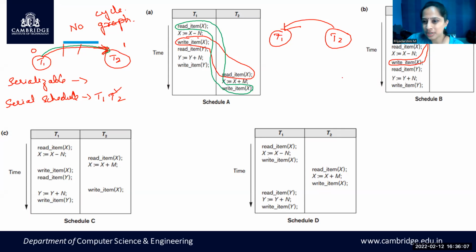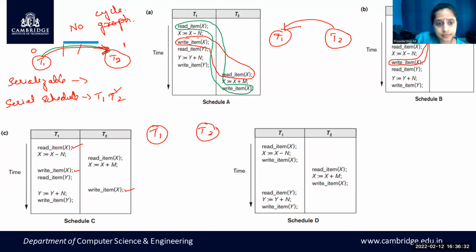Okay. Now I'll not go for schedule B. Let's not go for a serial schedule. Let's go for an interleaved schedule. In the interleaved schedule also I have T1 and T2, 2 transactions. Now let me find out the conflict operations. One is from read and write. It is always better to go either for read and write or write and write.